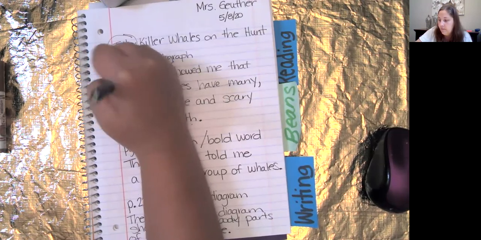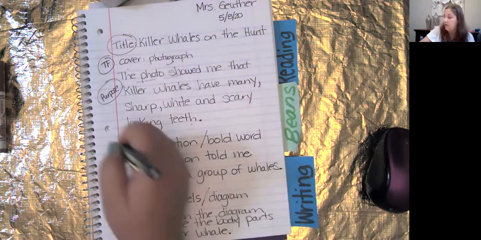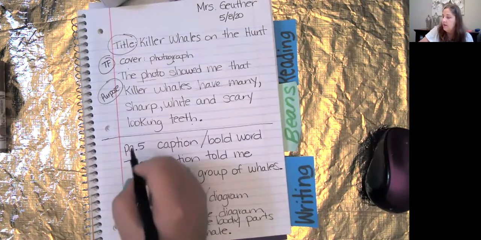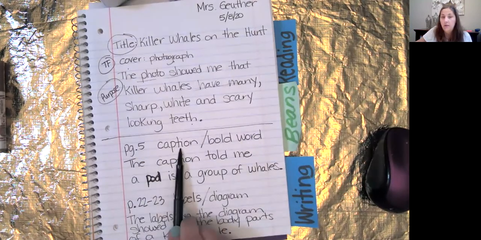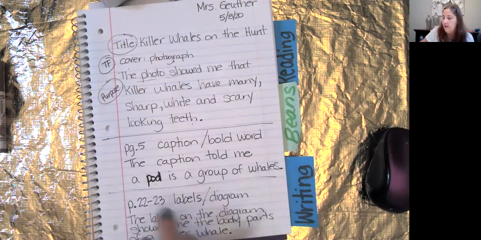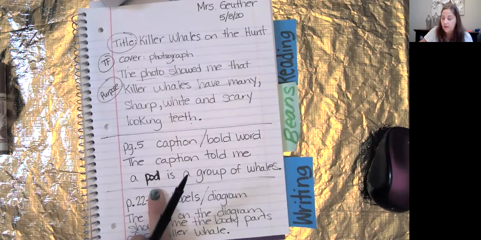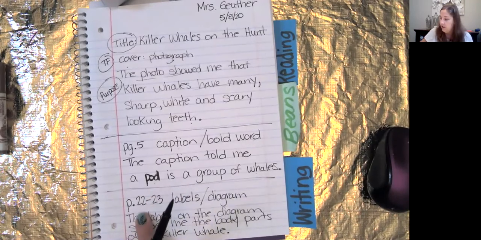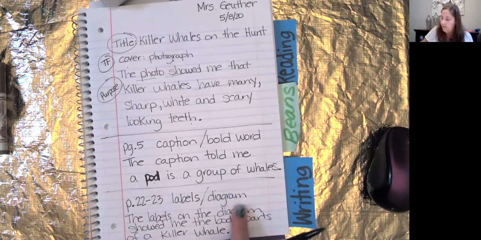Okay. And that was just one that I did. Okay. And then here's the page number, the caption in a bold word, and I just wrote, the caption told me a pod is a group of whales. Okay. And then I made pod bold, just like they had in the book. And then my last one, the page numbers here with labels and diagram, and I told you what the purpose of labels and diagram were. Okay.